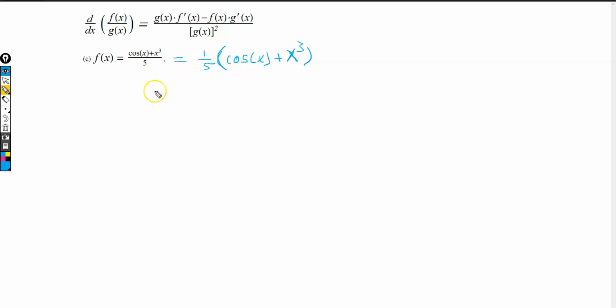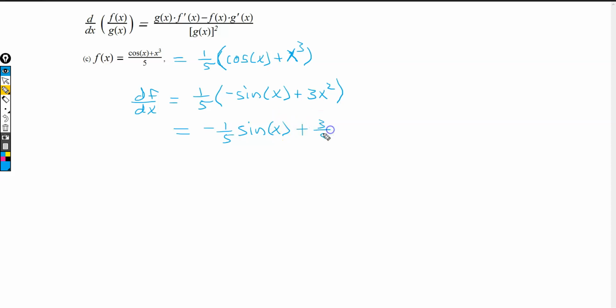So then the derivative of this just becomes just recognizing that the derivative of cosine is negative sine, and then if you'd like, you can distribute the 1/5 through. And there's our derivative. Negative 1/5 sine x plus 3/5 x squared.